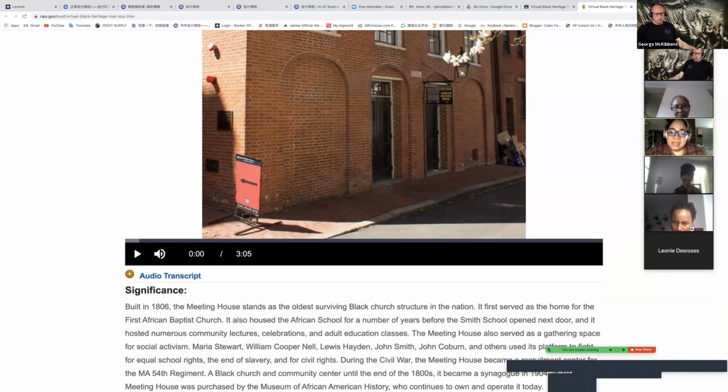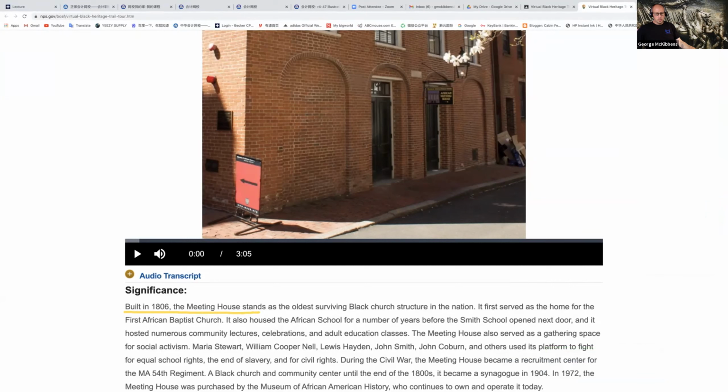Excellent. Now you gave a lot of good detail. It is actually what it's most noted as being. It's the oldest surviving Black church structure in the nation. What does that mean? Oldest surviving Black church structure in the nation?